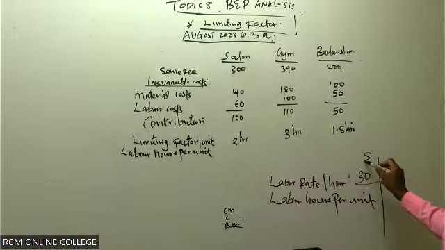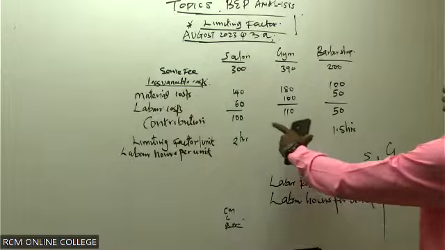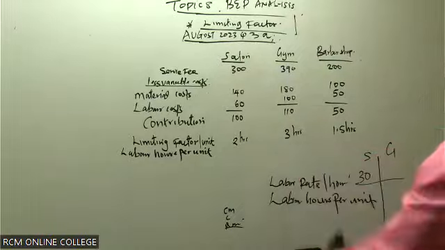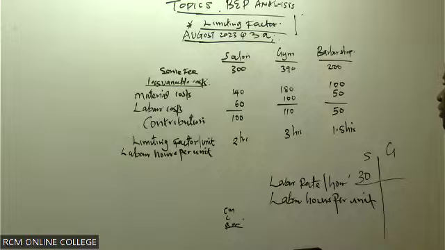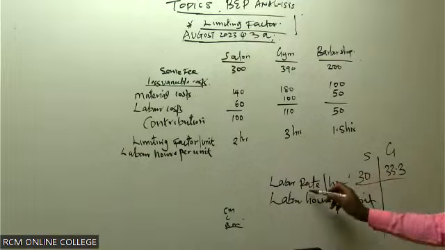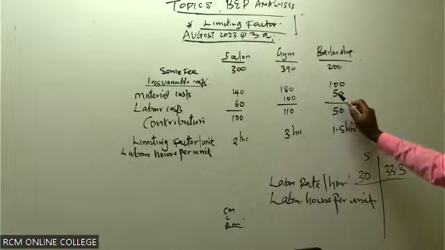That is salon. If I get to gym, they have paid for the labor cost of 100 and the hours is 3. What is the labor rate per hour there? 100 divided by 3, is it? So it will be 33.3 is the labor rate per hour. How about this other side? The labor cost is 50.